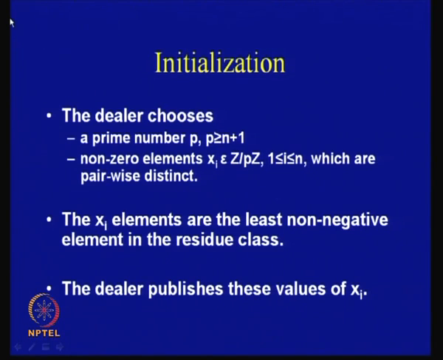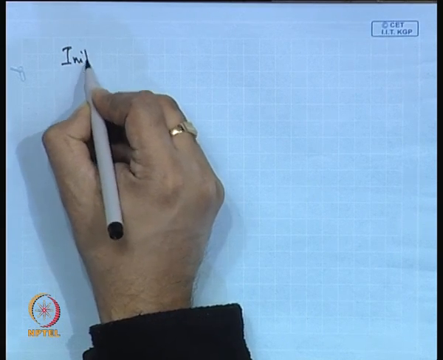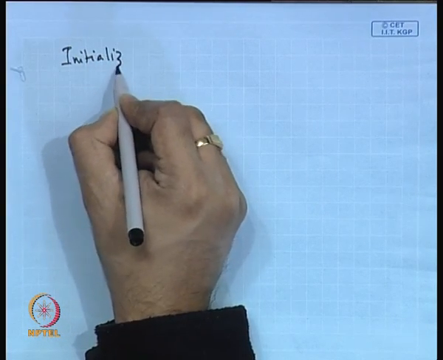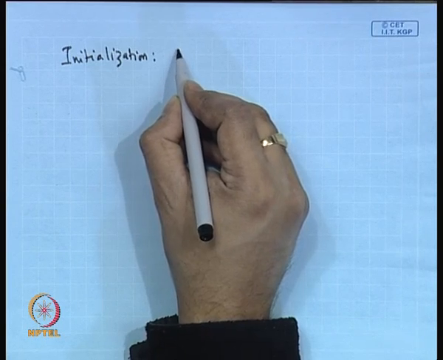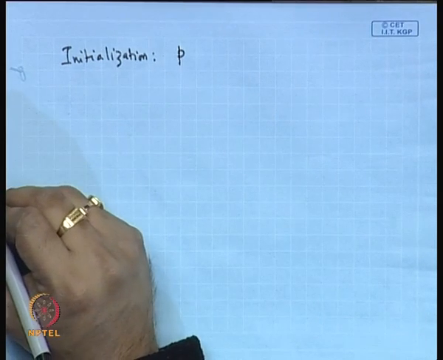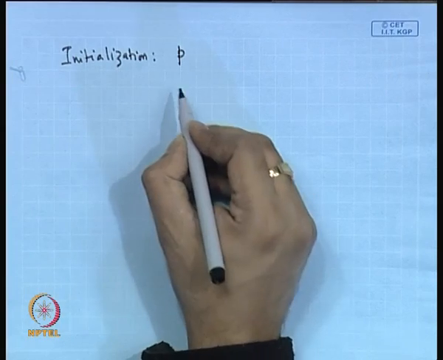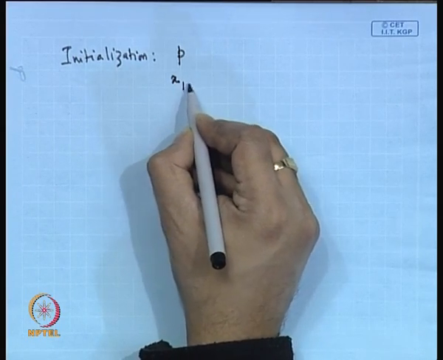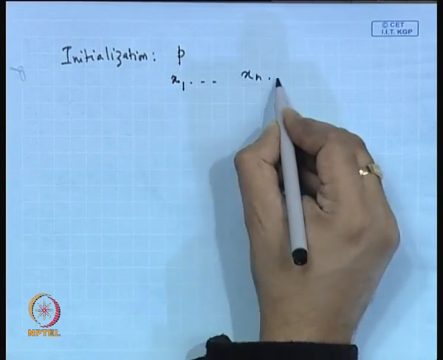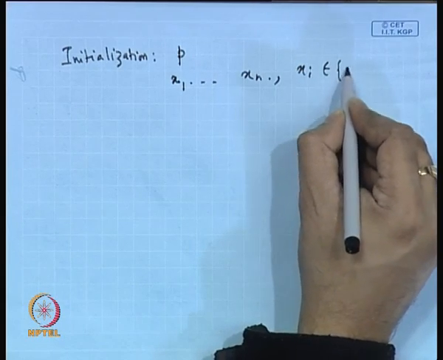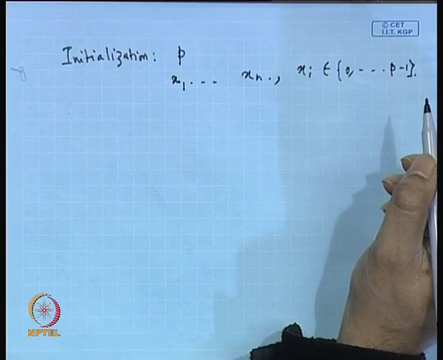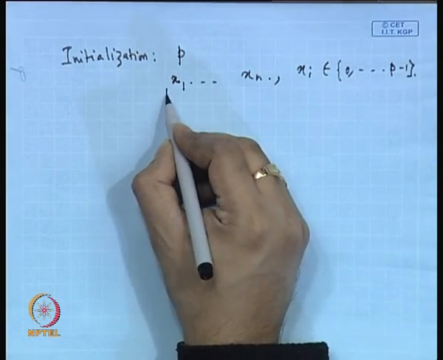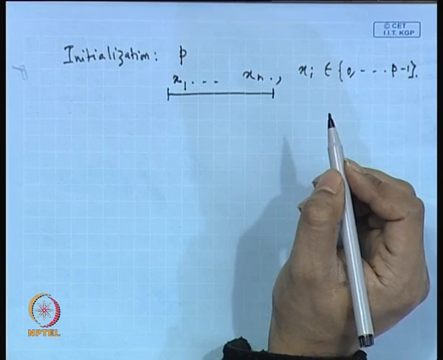So, basically the first thing is that you need a prime number p, and then you need to find values x1 till xn such that all xi's are from 0 to p minus 1, and these values x1 to xn are published by the dealer.